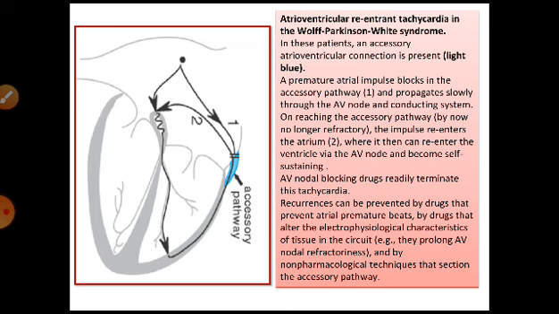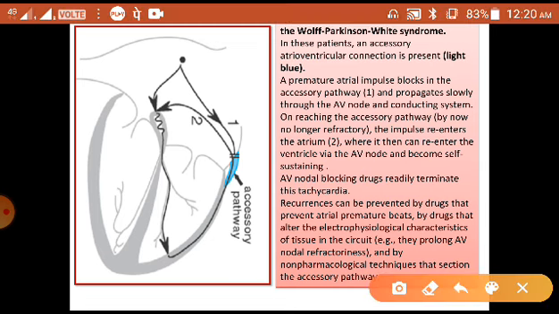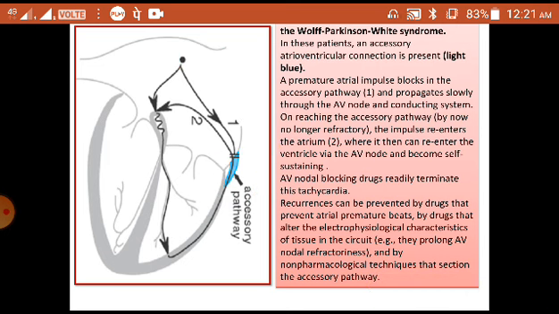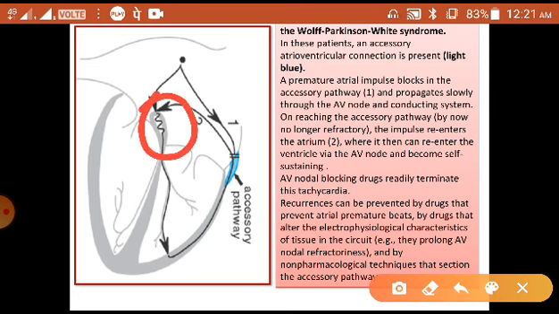Here you can understand: the premature beat is being generated from here, not carried forward by the accessory pathway, but taken up by the AV node, and slowly it moves down.